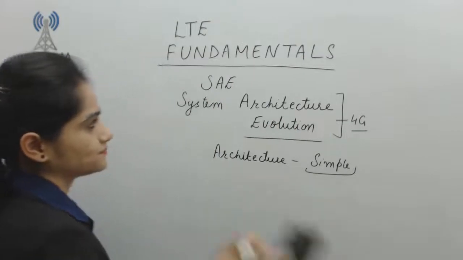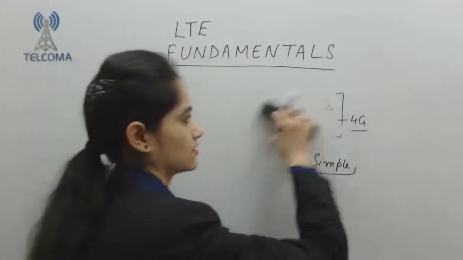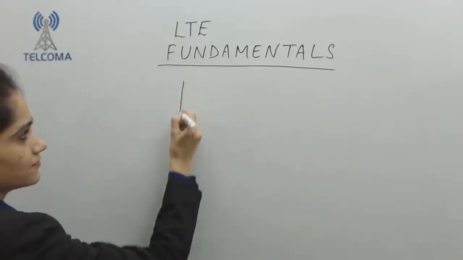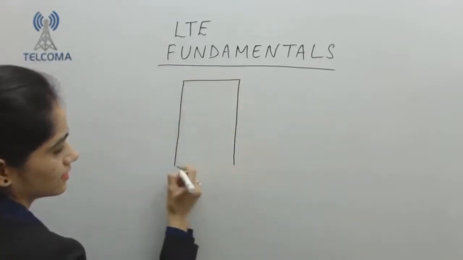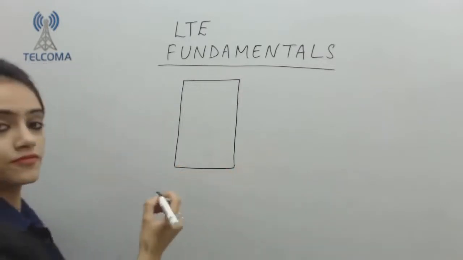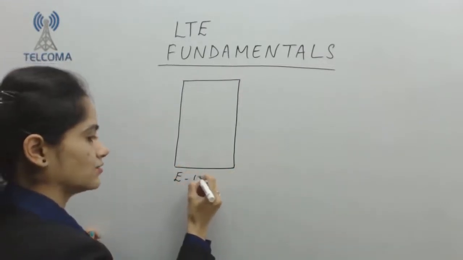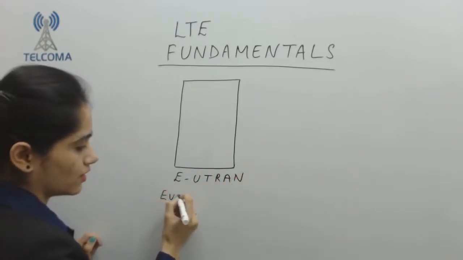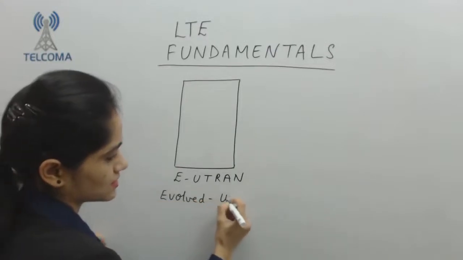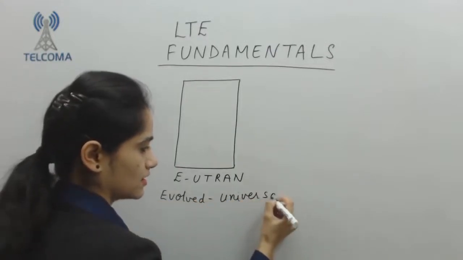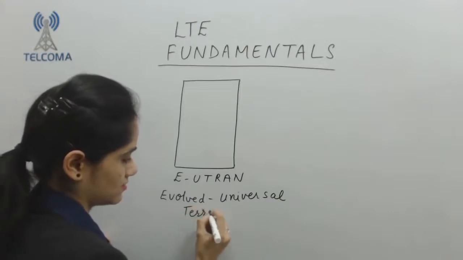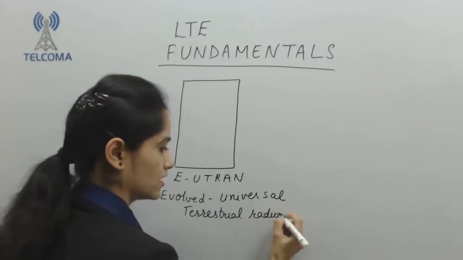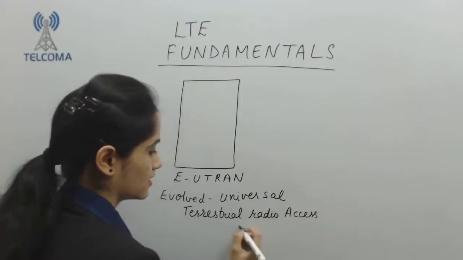We want one radio network, which is the EUT-RAN part. EUT-RAN is evolved universal terrestrial radio access network.